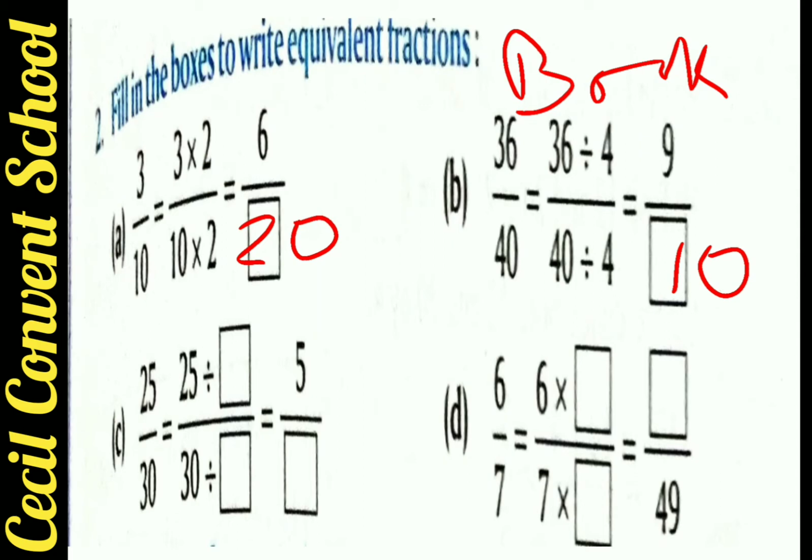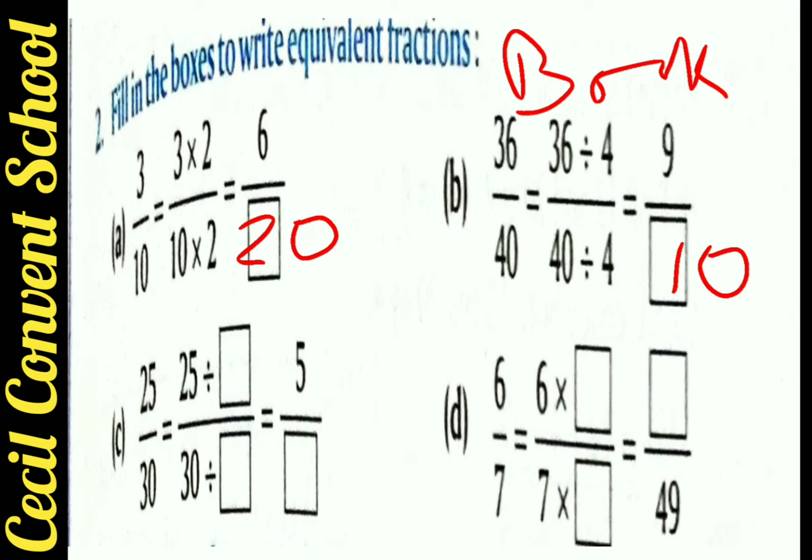Now C part, again it is of division. 25 and 30 you will divide by which number you get the answer, means numerator you get 5. As you all know that in equivalent fractions you have to divide both numbers by the same number. Clear? So firstly you think in which number 25 and 30 come, means in which table 25 and 30 both come.